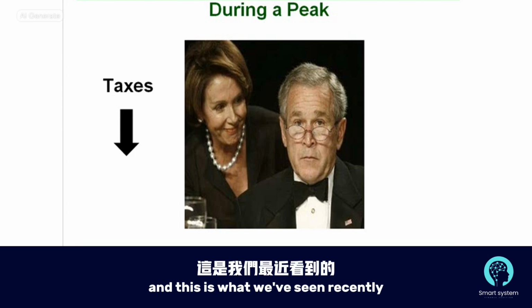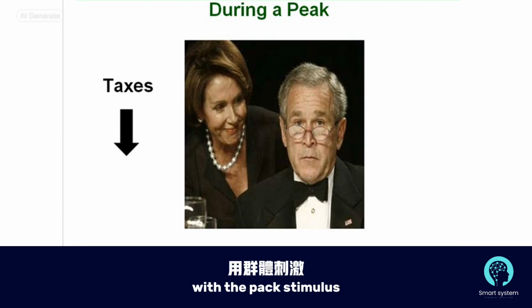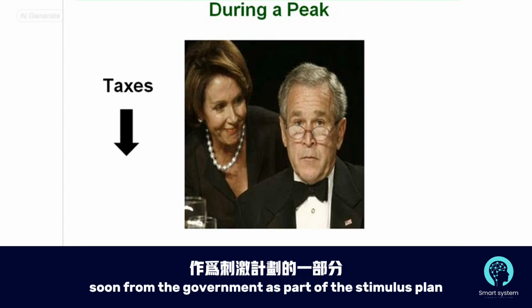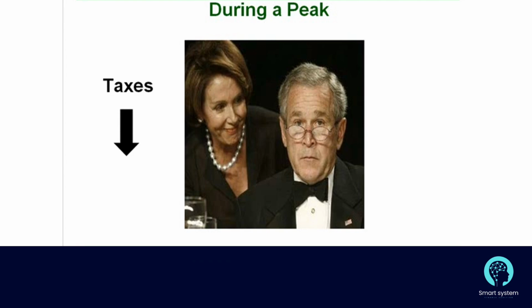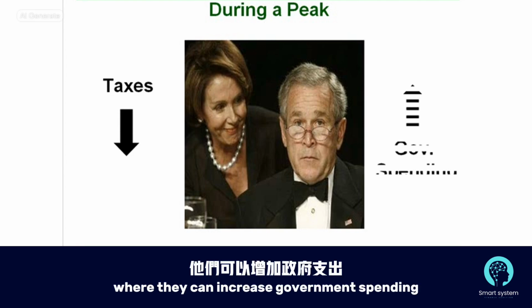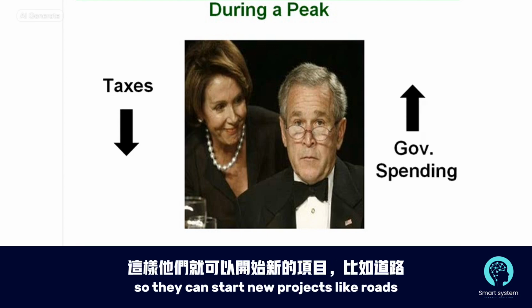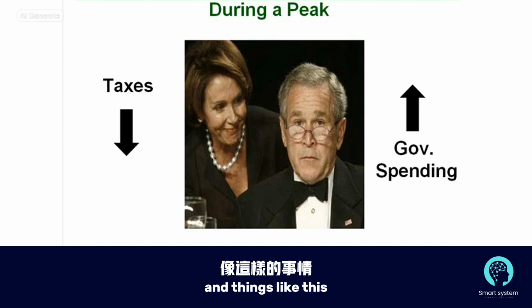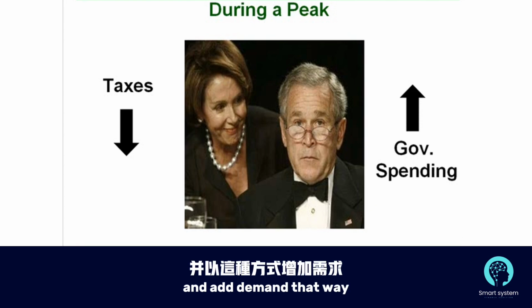This is what we've seen recently with the stimulus, the rebate checks that we're all going to be receiving soon from the government as part of the stimulus plan. Or they can increase government spending, so they can start new projects like roads and spend more on education and defense and things like this, and add demand that way.